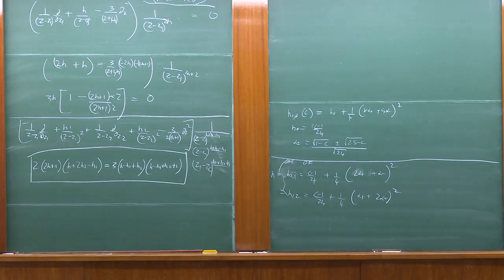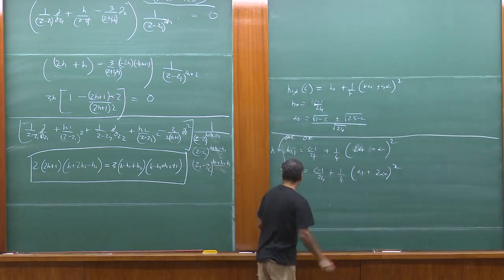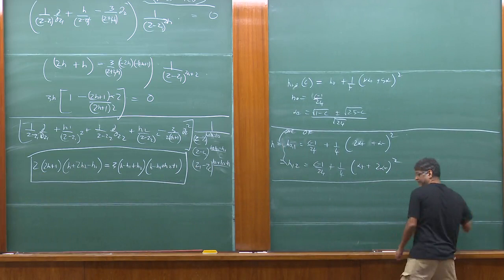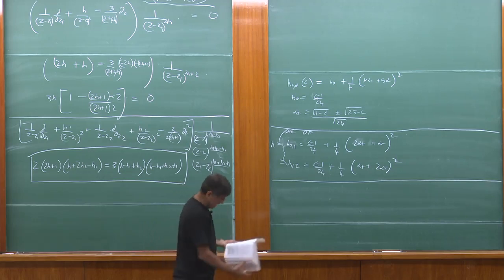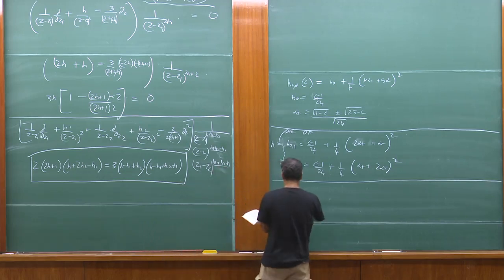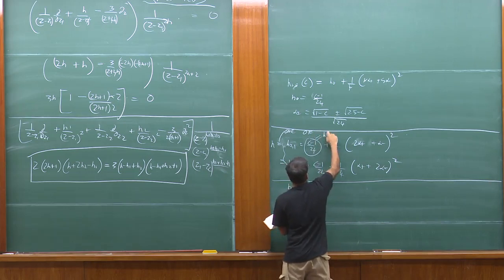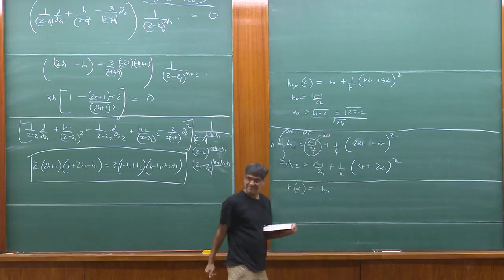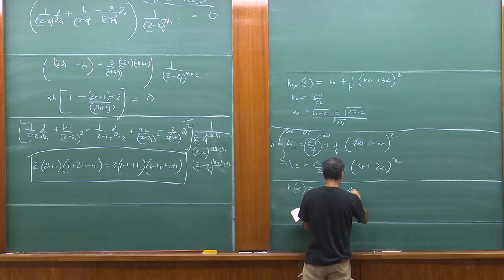Now, what we're going to do is to parameterize H1 and H2 in a similar manner. So what we will do is to define H_alpha to be equal to H0, the same H0, plus alpha squared divided by 4.